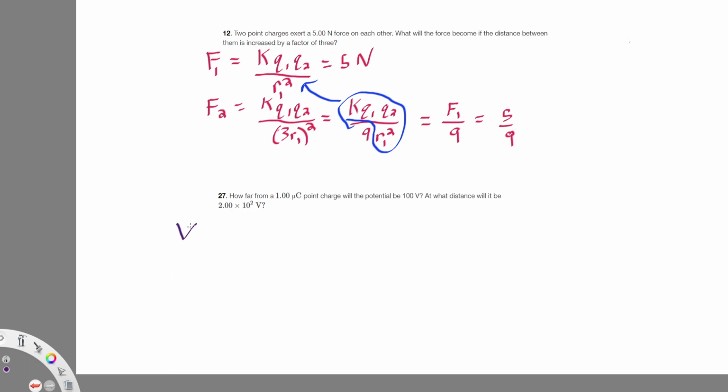So the voltage of a point charge is equal to K Q over R. So if we want to look for the distance at which it will be a certain value, we can totally solve for R. So R is equal to KQ over V.